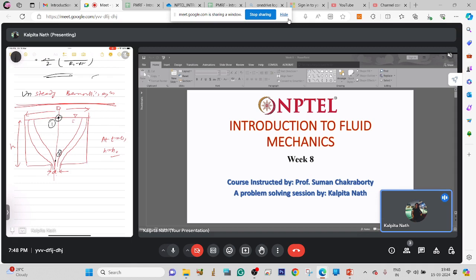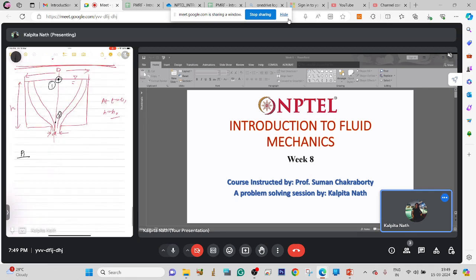Now, what do we need to find out here? For the unsteady Bernoulli equation, let us write the equation: P1 by rho plus V1 square by 2 plus gZ1 is equal to P2 by rho plus V2 square by 2 plus gZ2 plus the integral from 1 to 2 of del V by del t ds.